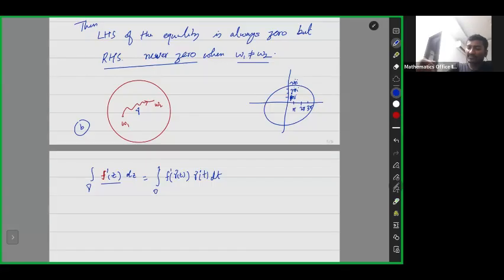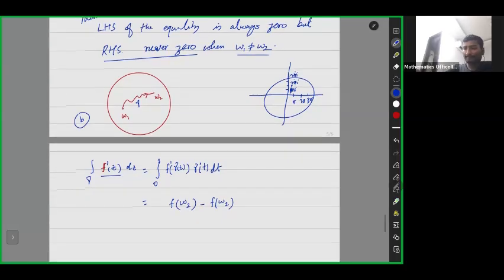This value is also equal to f of w2 minus f of w1, because f prime has antiderivative f.